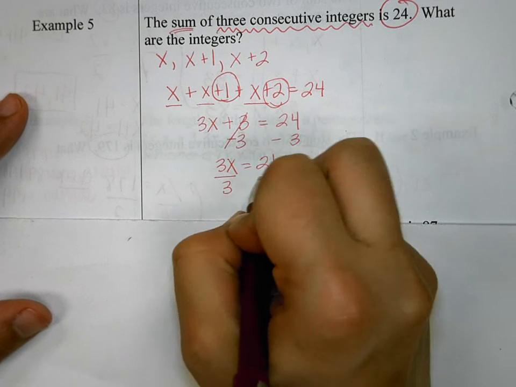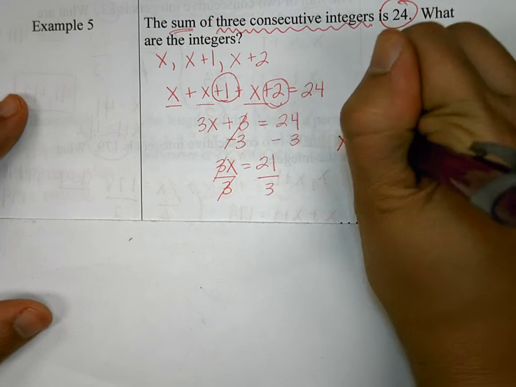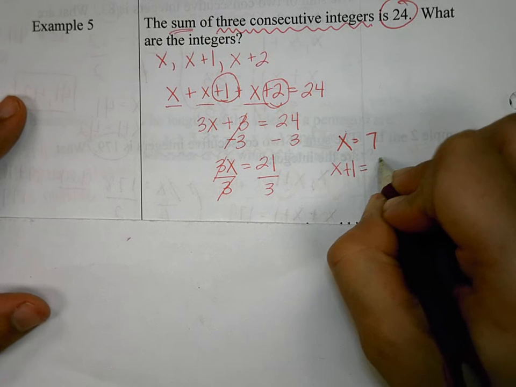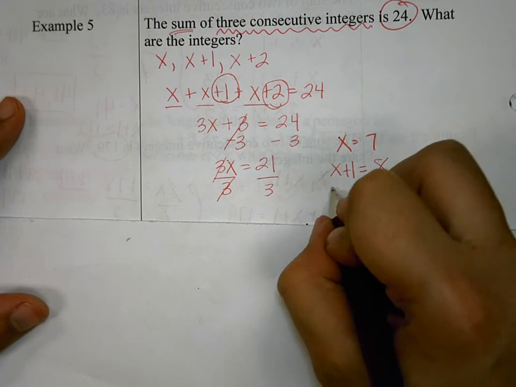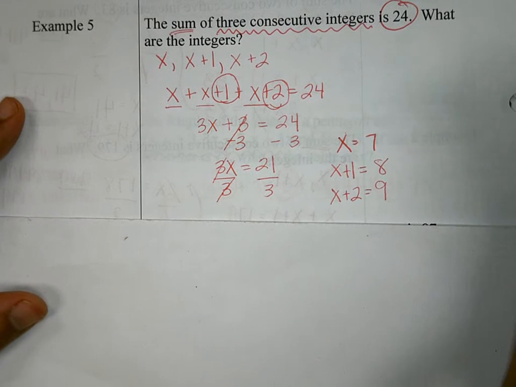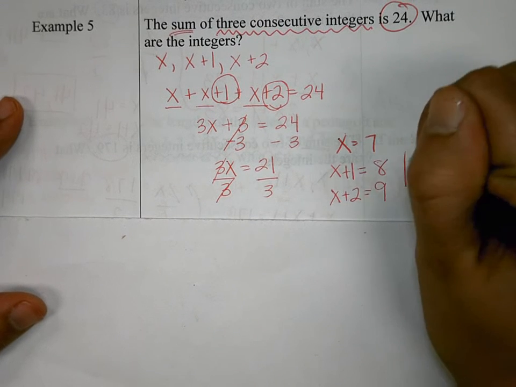Divide both sides by 3, and I get x equals 7. So then the next integer, x plus 1, would equal 8. And the next one after that, x plus 2, would equal 9. So my answer is 7, 8, and 9.